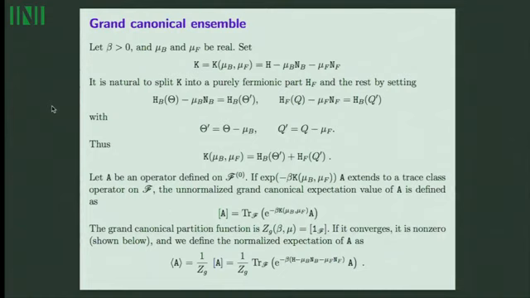And obviously this is also a quadratic part, so if I take this difference, it's really just HB of theta prime, where theta prime is just theta minus mu b. And similarly for the fermions, and so this K is just of the same form as the H, but now with the primed kinetic terms. And so the grand canonical trace is trace e to the minus beta K times an operator A.